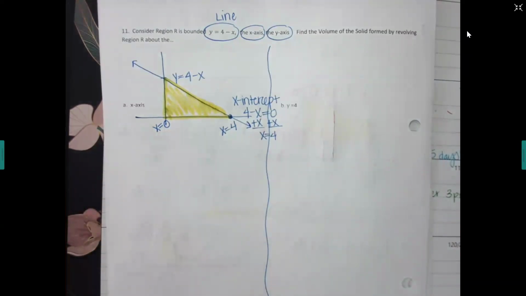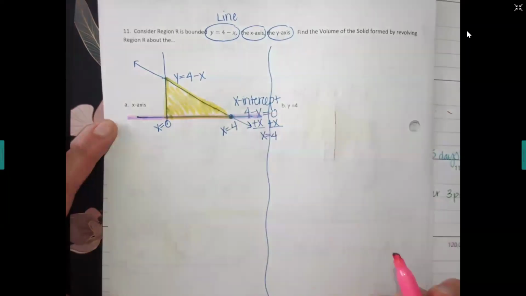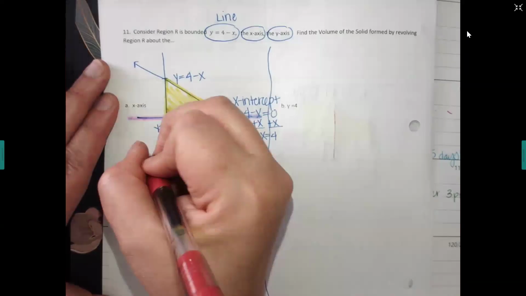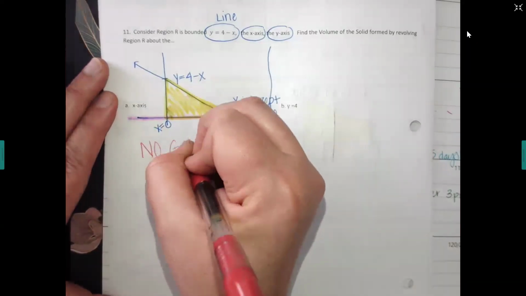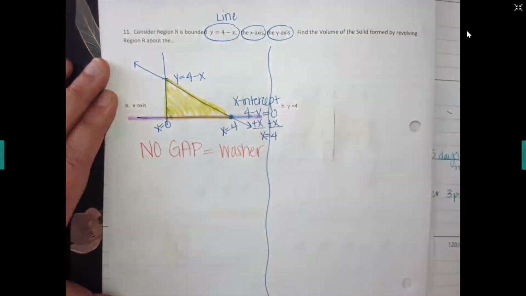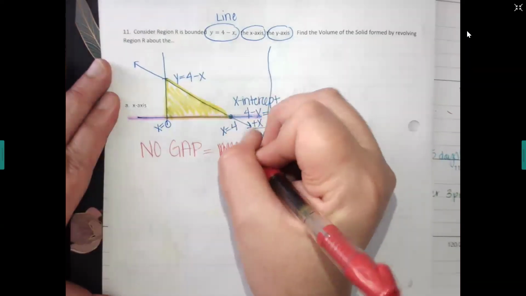Okay, then it says, find the volume of the solid. We have our region that's going to revolve about the x-axis. So where the x-axis is, will there be a gap or no gap? No gap. Then is this disc or washer? Disc. Very good. So put here, there is no gap. That means that this is disc.